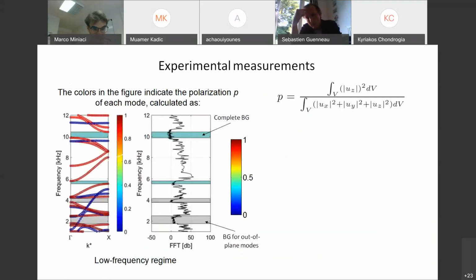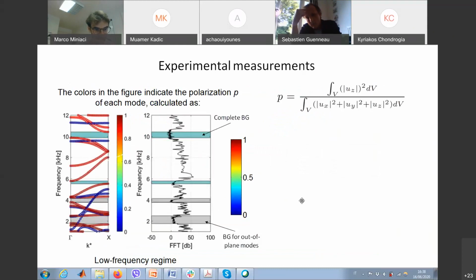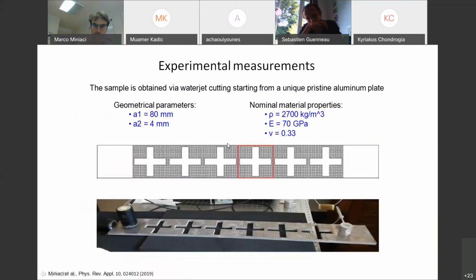Yes, I don't know if here I report from 0. No, this is not 0. But indeed, what we did here is to reproduce the calculation for the full 3D model instead of using the plate one, because of course the boundary conditions, especially here and here, will matter.